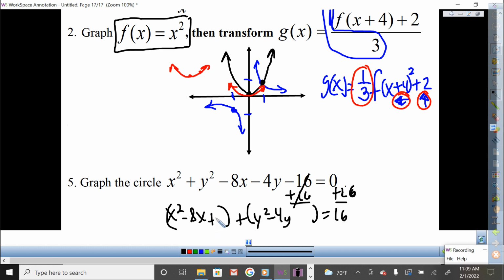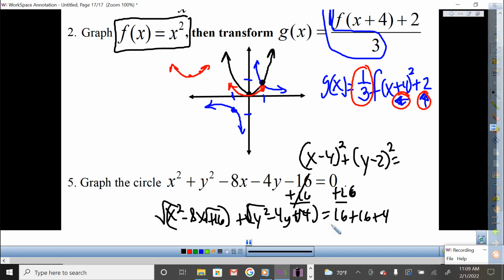And then what completes this one? 16. What completes this one? 4. Therefore, my circle standard form equation is x minus 4 squared plus y minus 2 squared equals, and what is this? 36.